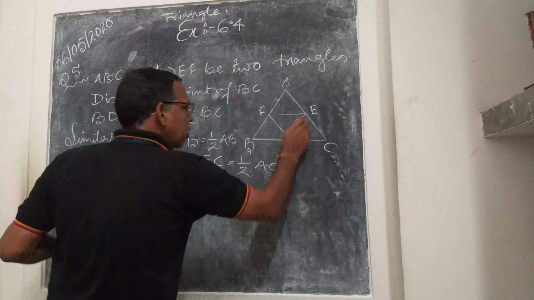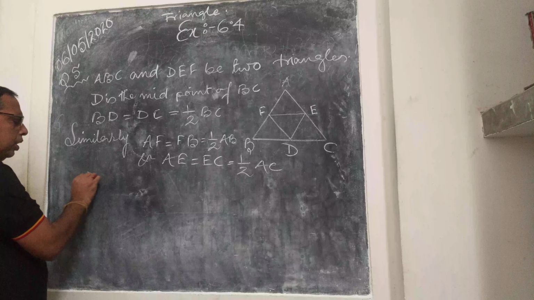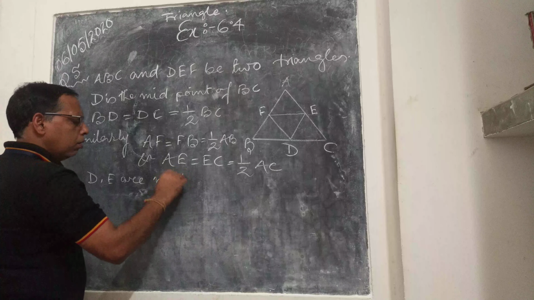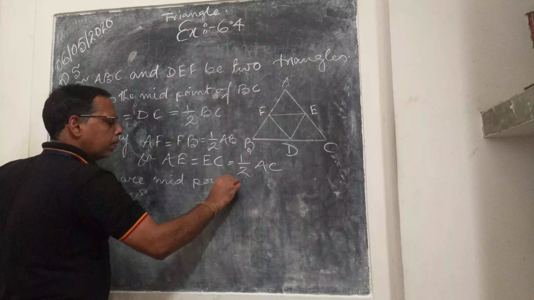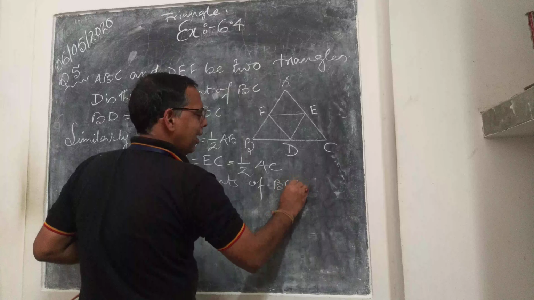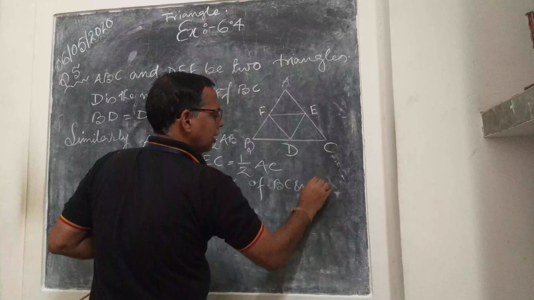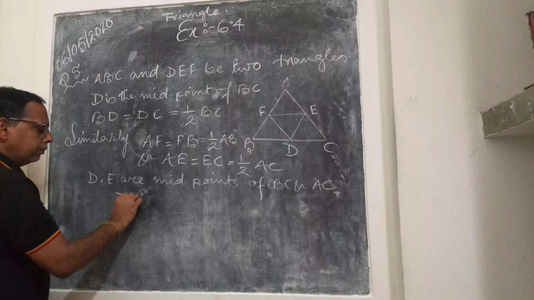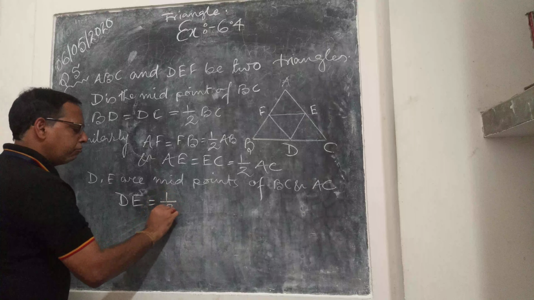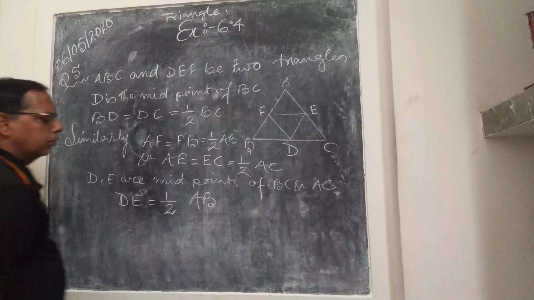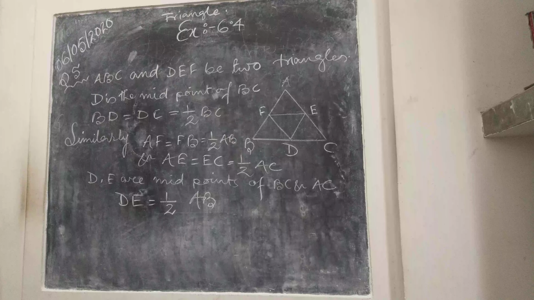So D and E are the midpoints of BC and AC. Then DE equals half AB. Yes or no?